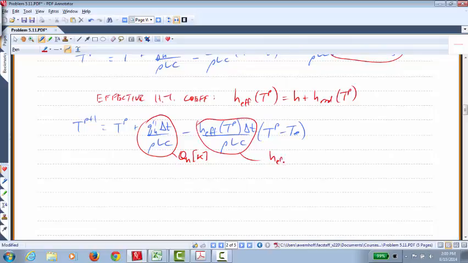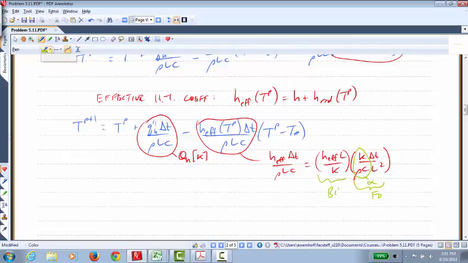This h effective delta t over rho LC, we multiply the top and bottom by L over k, and we get h effective L over k times k delta t over rho C L squared. So this k over rho C is alpha, which means that this term here is a Biot number and this term here is a Fourier number. Therefore these combined is just Biot times Fourier.